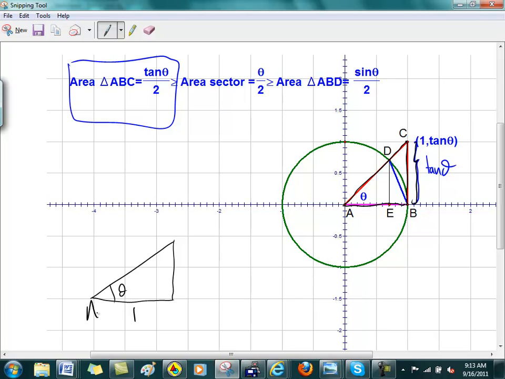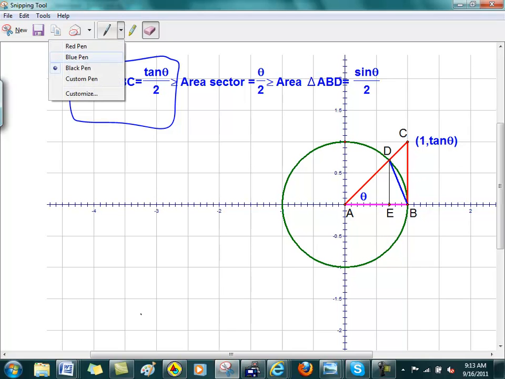Okay, this is A, B, and C. If I call this H, then remember that tangent theta is opposite over adjacent. Right? That's opposite, that's adjacent. So then H equals tangent theta. Okay? Right. So that's that. Let me kind of erase this stuff here too.